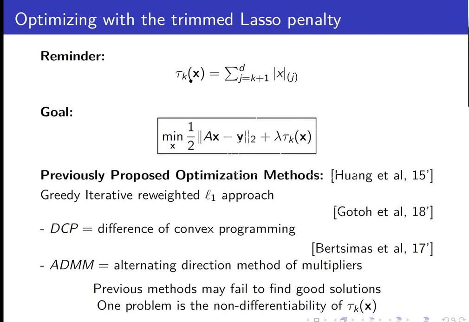So if you look at its gradient and you change in x, let's say one of the large coefficients, the gradient is 0. And if you change one of the small coefficients, the gradient is either +1 or -1. So the gradient of this tau k is not a smooth function. It's not differentiable. It's either 0 or +1 or -1. And it's difficult to optimize functions like this.